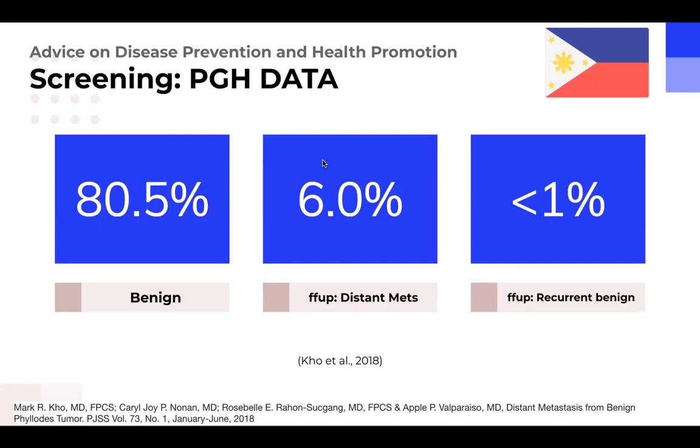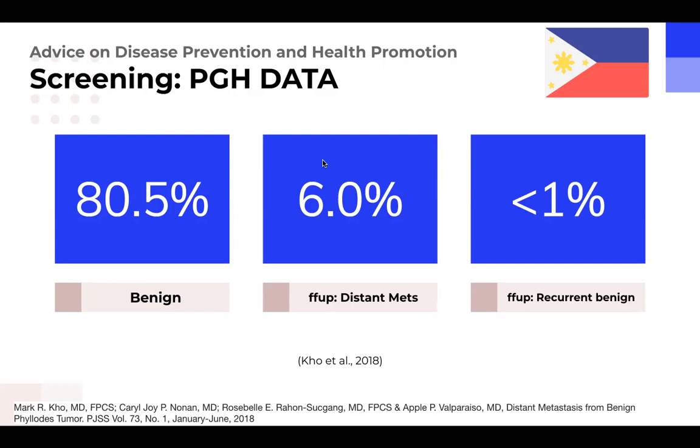Because of your 200, 85% are benign, and then 15% are malignant, right? Yes, sir. So the 6% with distant mets, where did it come from? From the benign one or from the malignant ones? Because your title is Distant Metastasis from Benign Phyllodes, the title of the paper, right? Yes, sir.